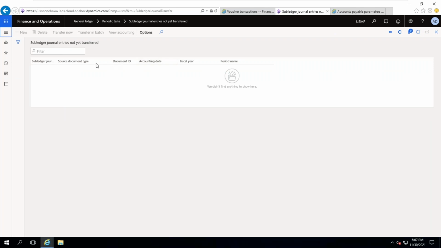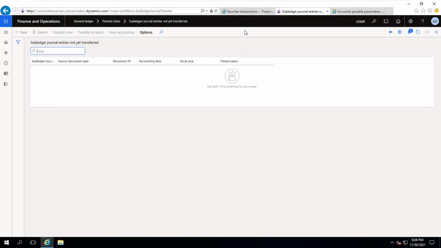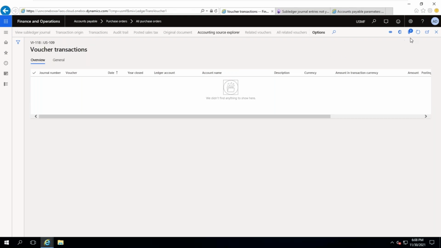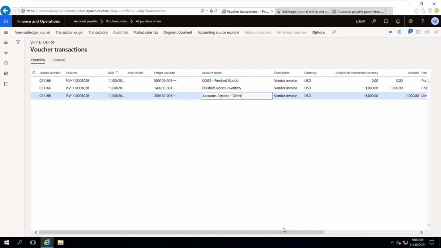Now let me transfer that one also. Now if you go to the vouchers, voucher transactions, it is posted to inventory account debit and vendor account credit.